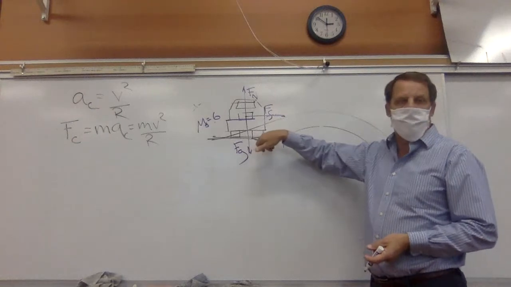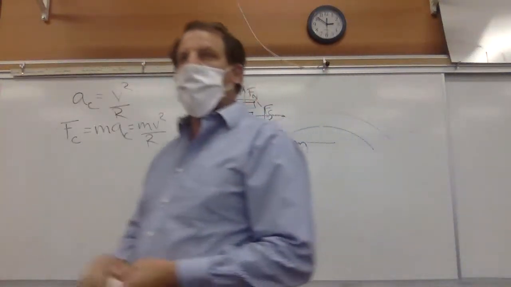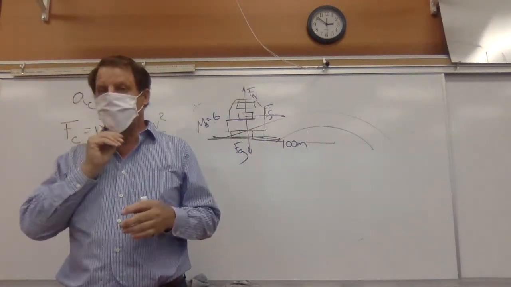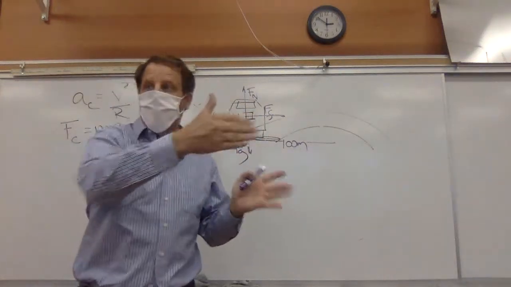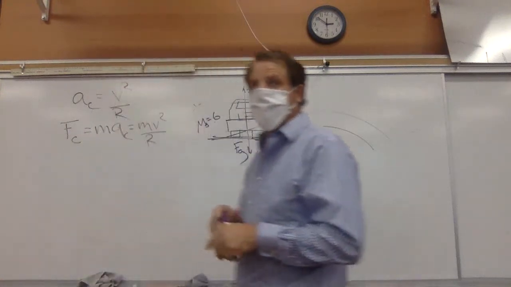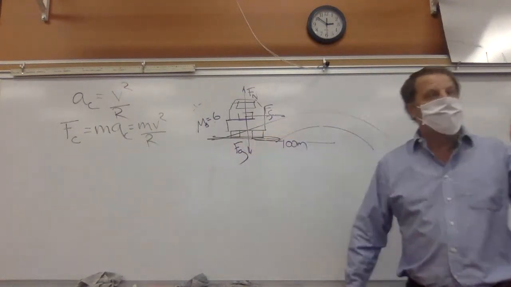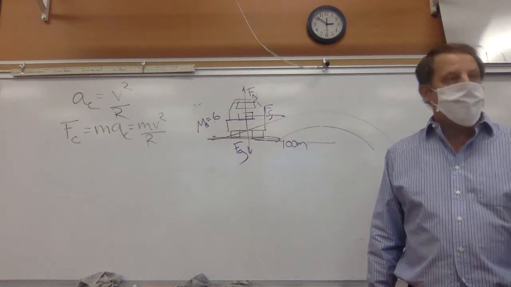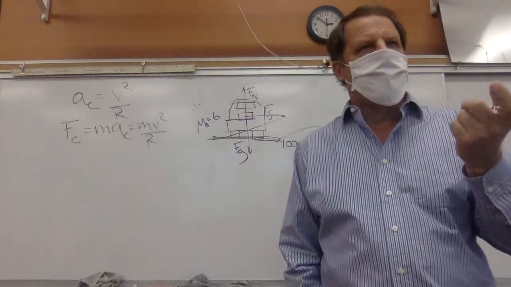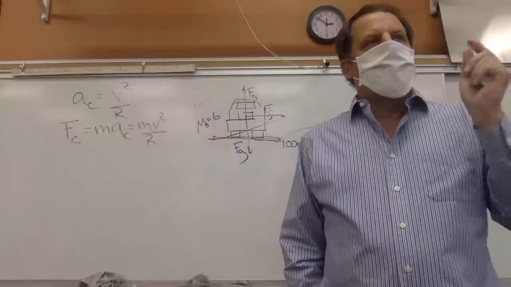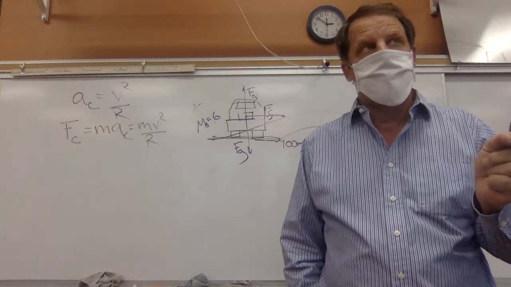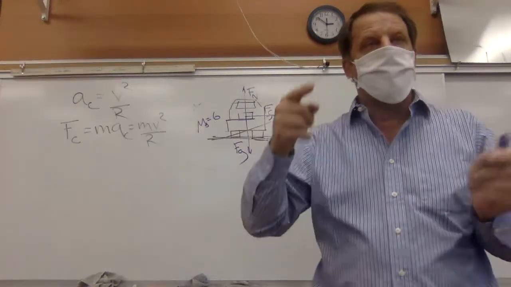Now, if we drop down and look at the tires, what's making the car go around in a circle? For a flat curve, it is the friction between the tires and the road. This is maybe a little counterintuitive: it's not kinetic friction that's making it go towards the center.